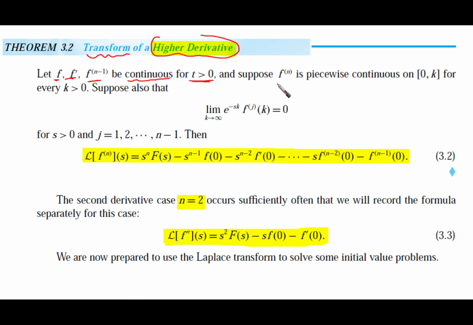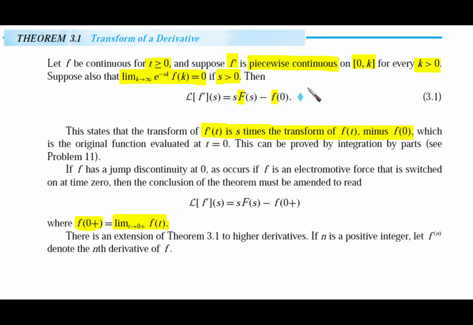And suppose that f with the derivative n is piecewise continuous. So all the derivatives are continuous, except the last one, which is piecewise continuous. This is similar to what we started with: f is continuous and f prime is what? Piecewise continuous.